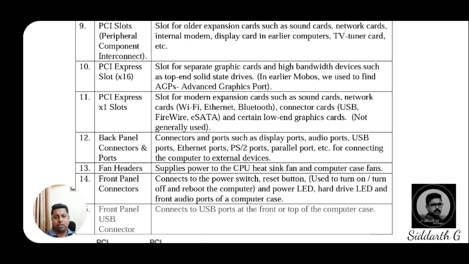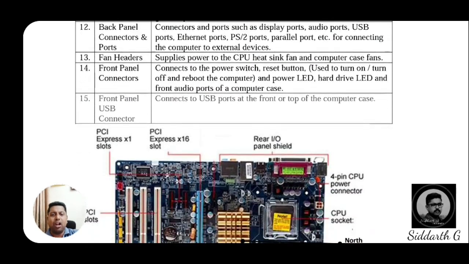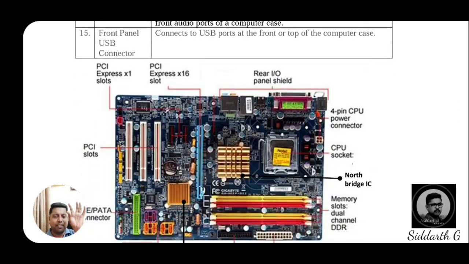Front panel connectors are used for the mic, sound, USB, and sometimes LED light indicators. These are all very important components of the motherboard. If asked, you should write a minimum of 7 to 8 components of the motherboard.